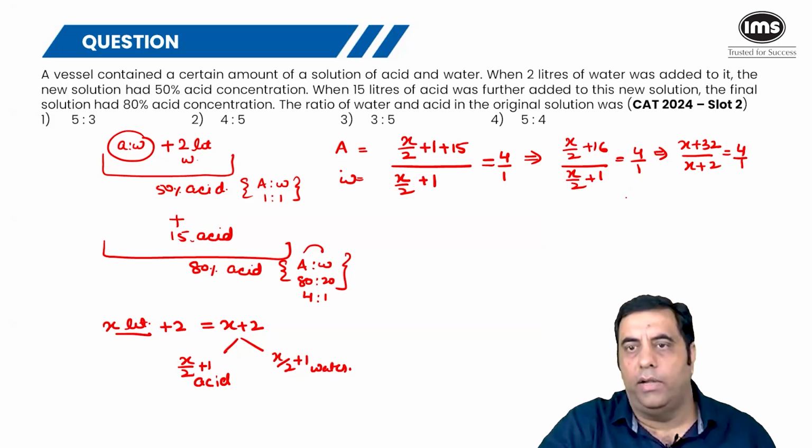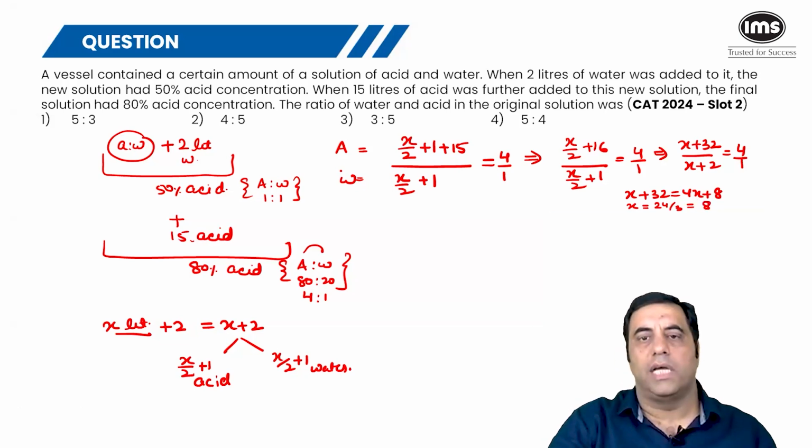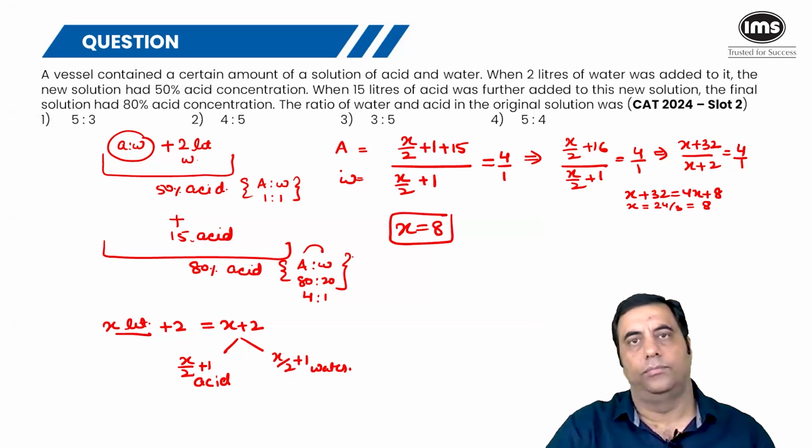When you cross multiply, we end up getting X plus 32 is equal to 4X plus 8, which gives me the value of X equal to 24 upon 3, which is equal to 8. So that means I got to know the value of X is 8.